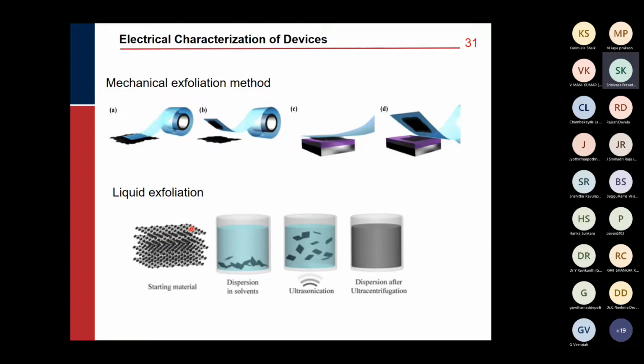As a result, if I am trying to peel off some of this with a sticky tape, then I can easily detach one or two or a few layers of this particular material, and that can allow me to get a new two-dimensional form of that particular crystal.